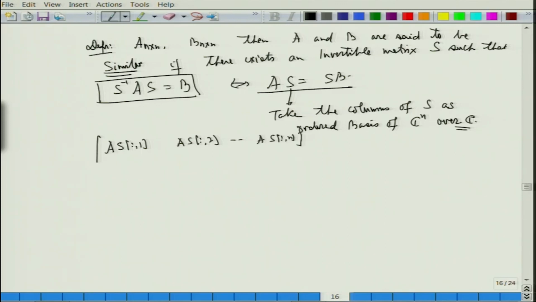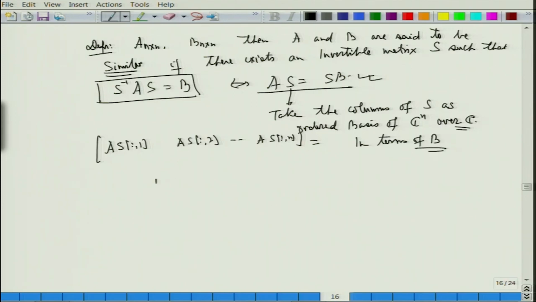I am looking at this, and then I am saying that this is same as S times B. So, now I am looking at the other way around, the column wise. All right. So, you can write it again like this itself in terms of B, fine, this is what it is.